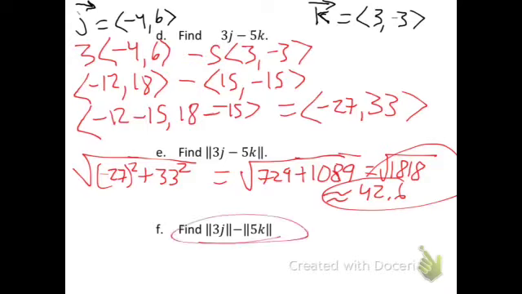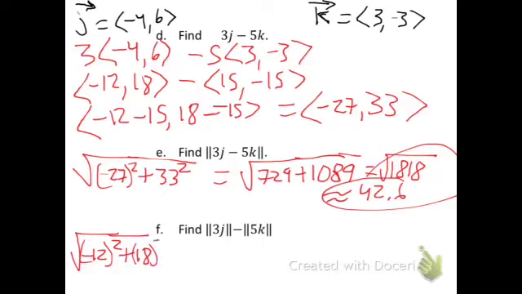And on F, you need to get the magnitude of these separate pieces. Well, luckily I already got the separate pieces there, so I can just go straight to getting the magnitude of each piece. I need to do negative 12 squared and 18 squared. Negative 12 squared is 144. 18 squared is 324.